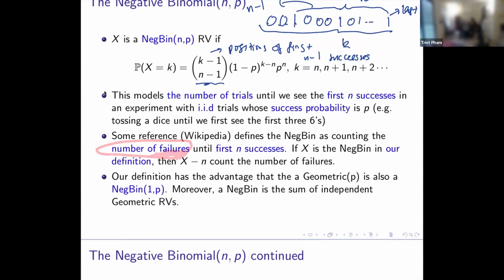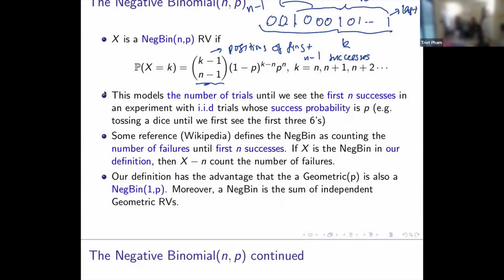Actually, both of us track the number of successes, but another way to describe the negative binomial tracks the number of failures rather than the total number of trials until you see the first success. So the relationship is that our definition, subtracting n, would be their definition. But you can obviously see that the way the parameters line up in the mass function will not be exactly the same.